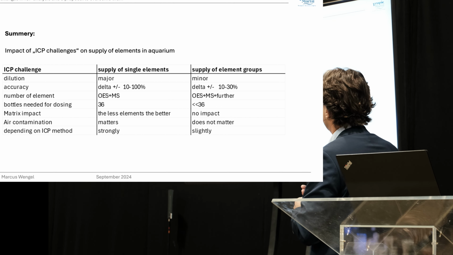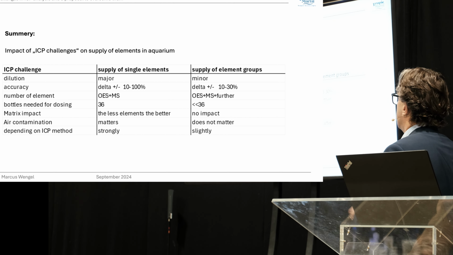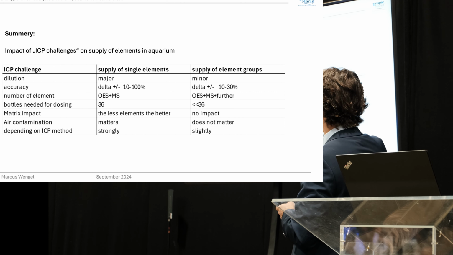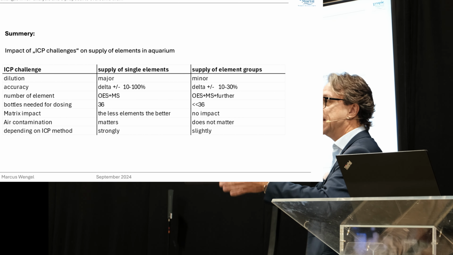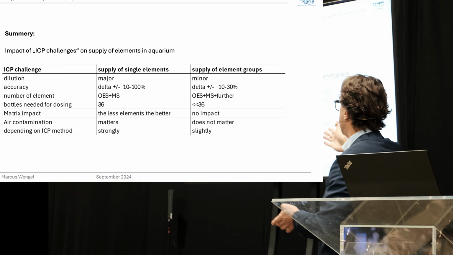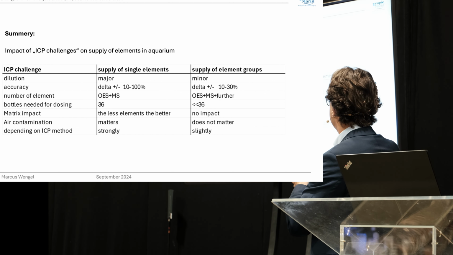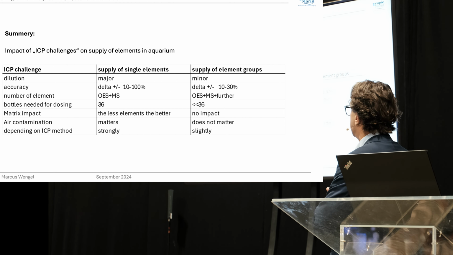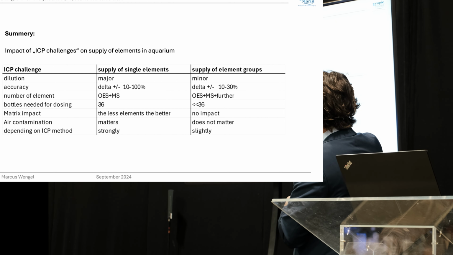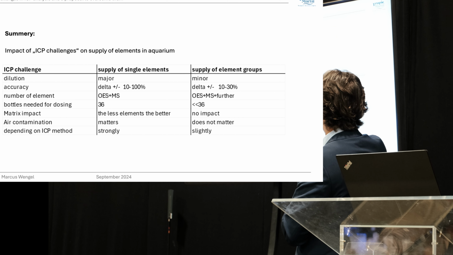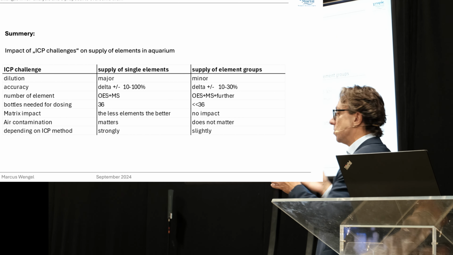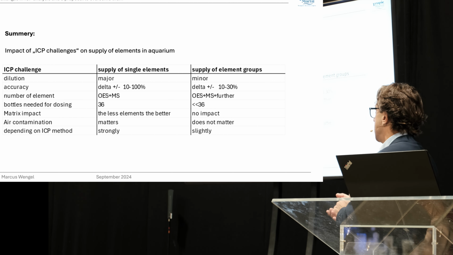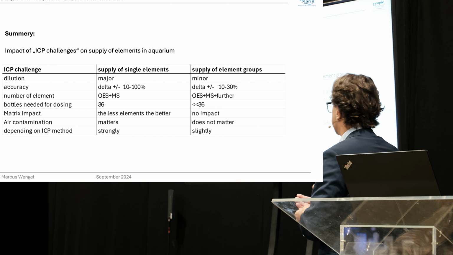The impact of ICP challenges on the supply of elements in your aquarium, right? Dilution, as I said, is a major problem when you dose each single element. You have to measure each single element, and it's a major problem when you dilute it. It's a minor problem if you supply with these element groups. Accuracy, number of elements: you have more elements when you dose in groups, because you can dose even those elements which are very low, which are not able to be measured in OES or in MS. You can dose many more elements.